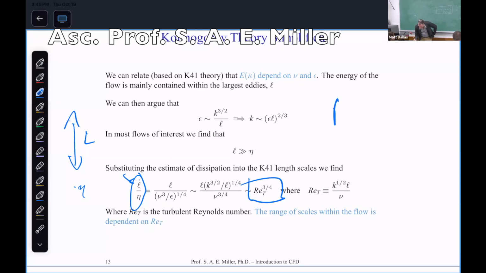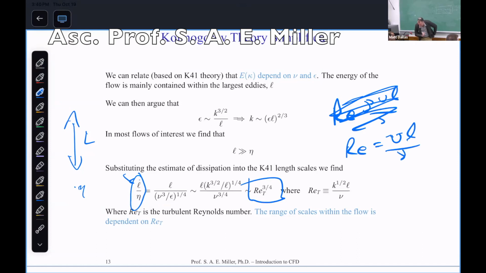Reynolds number is named after Osborne Reynolds. That's the density times the velocity times the length divided by viscosity. So that's the Reynolds number, and if we raise that to the 3/4, that will be the ratio of L over eta.